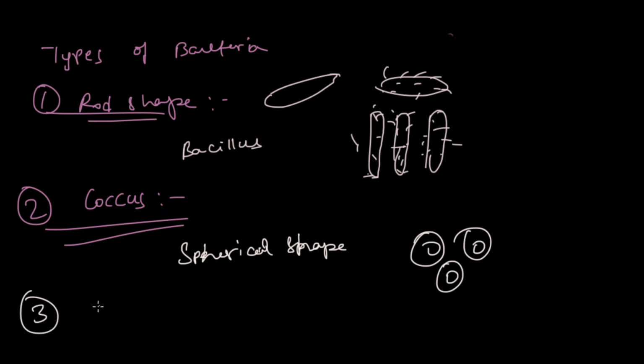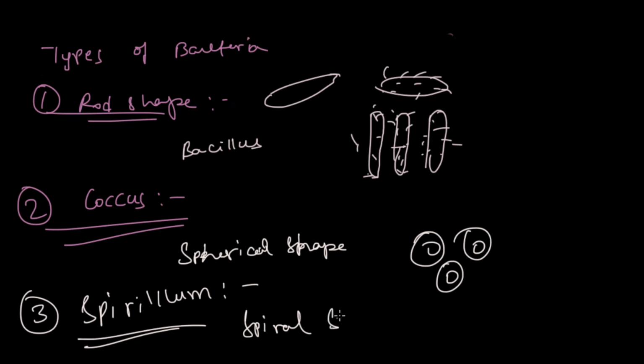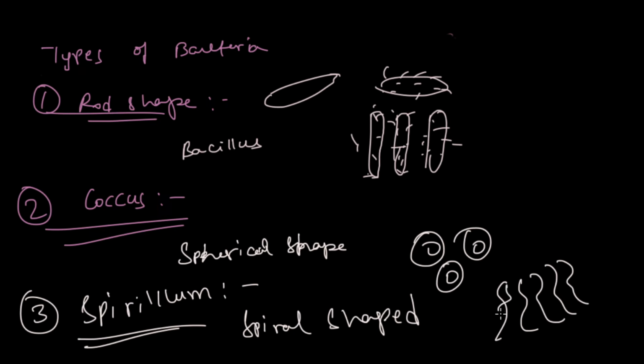The third one is spirillum, which is spiral shaped. Somewhat like this, this is your spiral shaped bacteria.